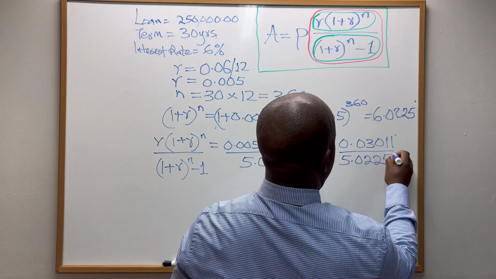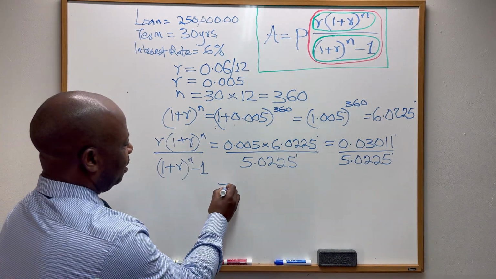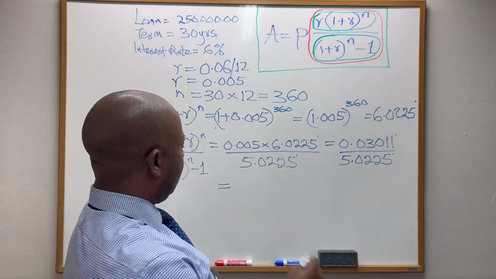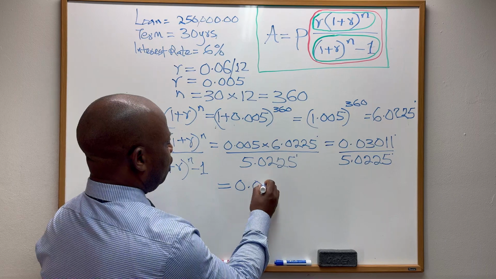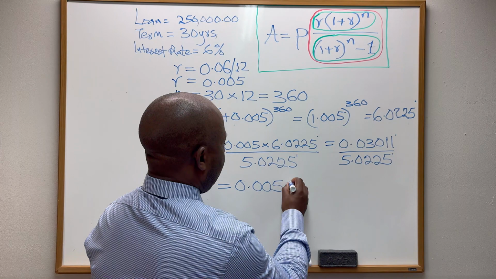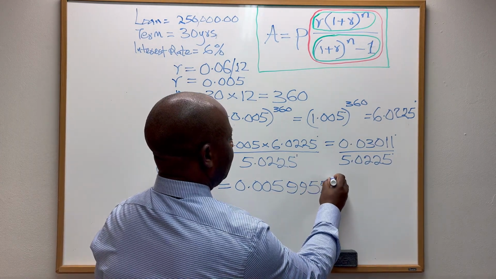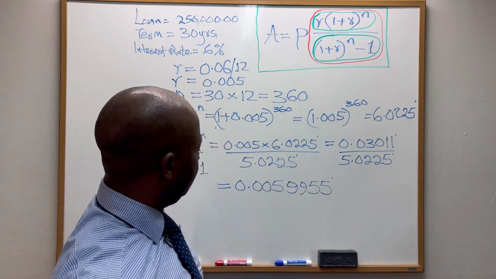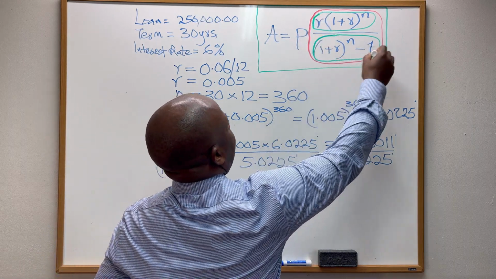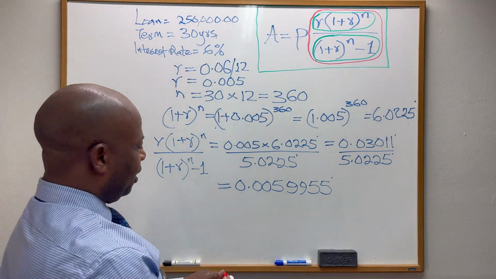When I divide these two numbers, we have our magic number. And that number is 0.005995, and it's a whole string of numbers. So this we will call our magic number. That corresponds to the part that we have in red.